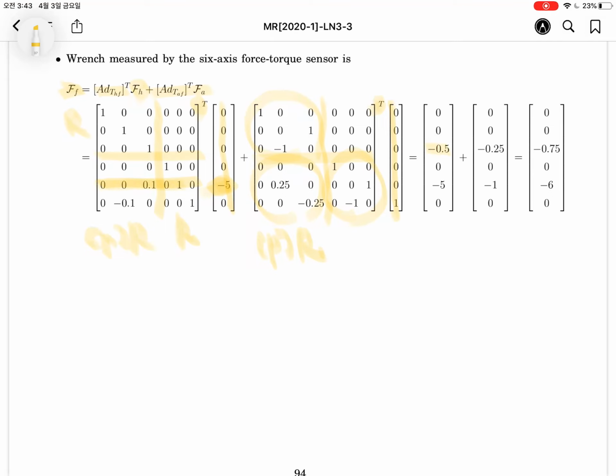So we have the third one and the fifth one, minus 5 times, and this is the sixth element, so this part will appear, and we can get this wrench in terms of the force torque sensor frame.